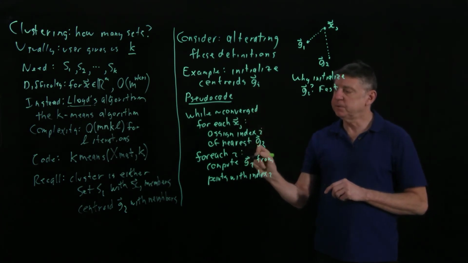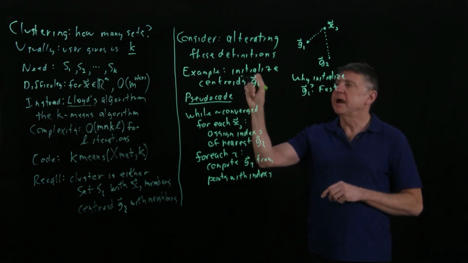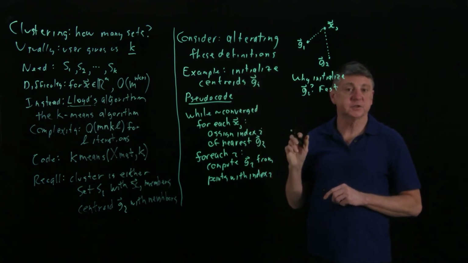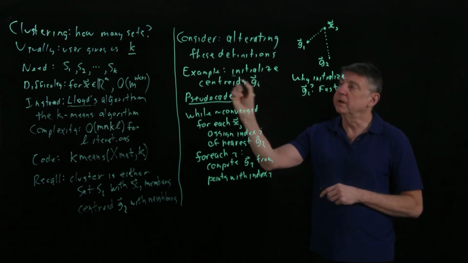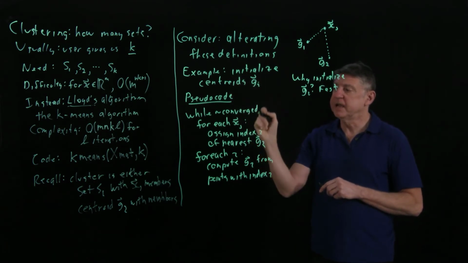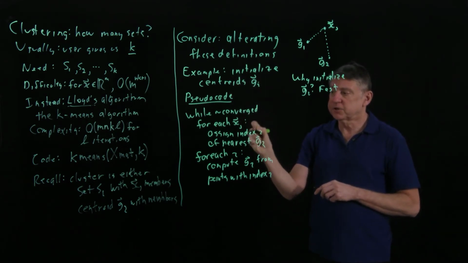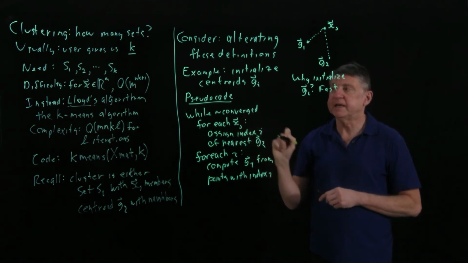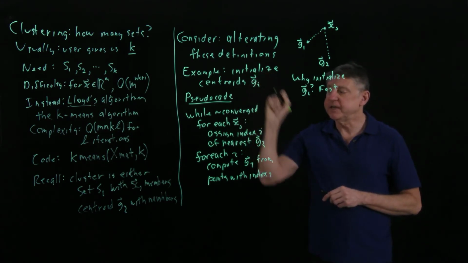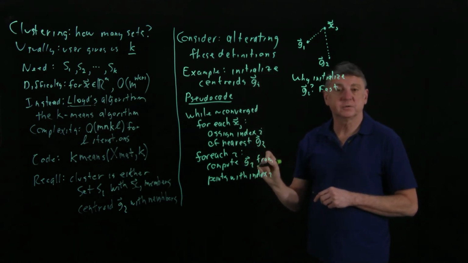And to begin with this part, we would have to have the data initialized. So we could either initialize the centroids and then start our loop by going through the data, or we could initialize our data and start our loop by going through the centroids.